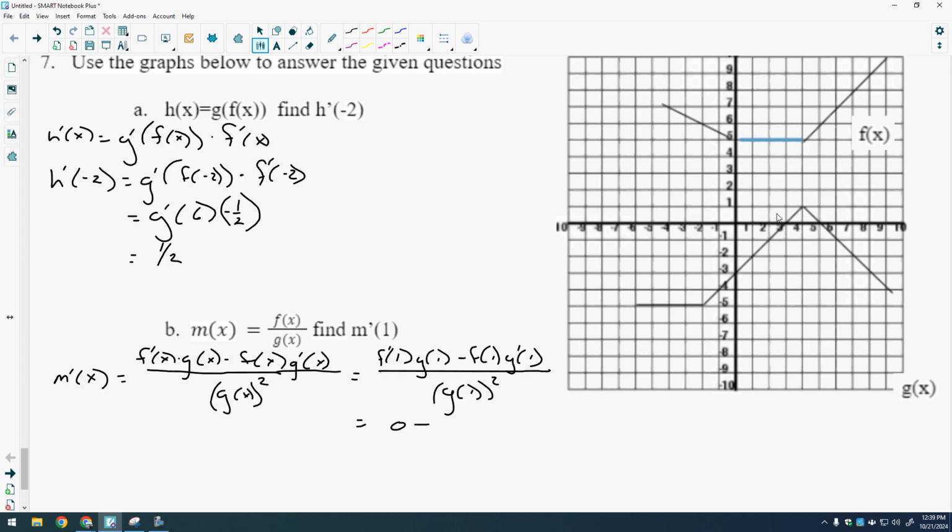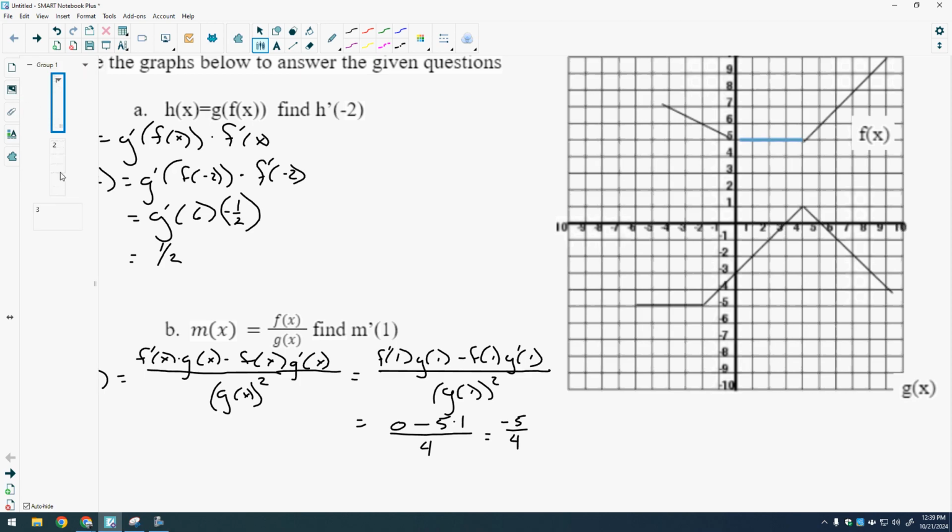F of 1 looks like 5. G prime of 1 looks like a positive 1, the slope of that curve. G of 1 looks like a negative 2, so negative 2 squared becomes a 4. 0 minus 5 is a negative 5, all over 4 gives me negative 5 over 4. All right, that is done.